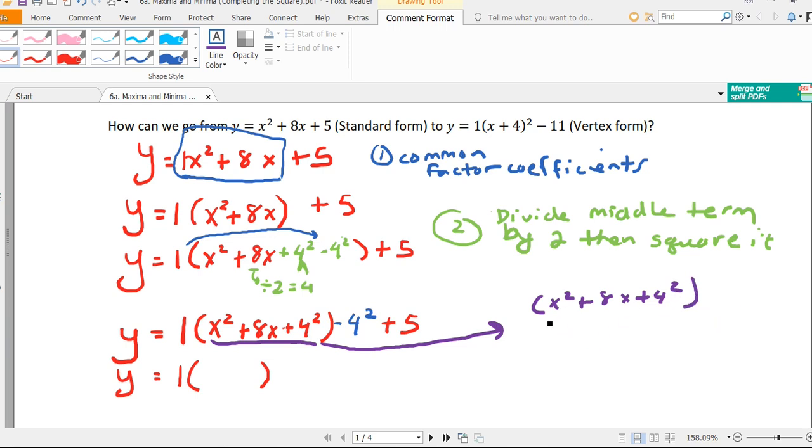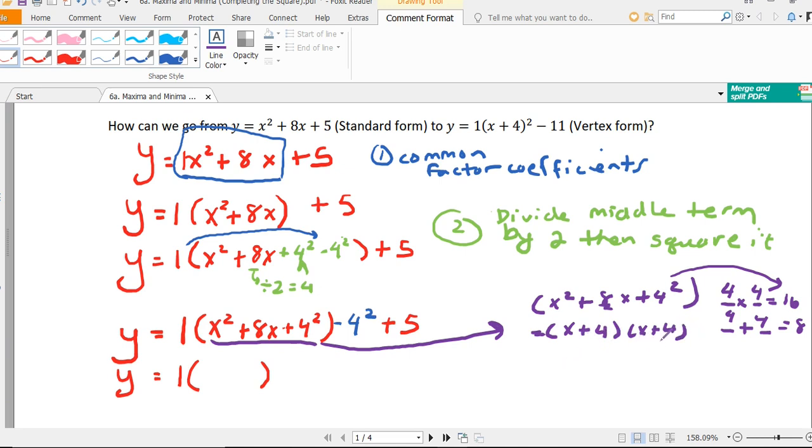Well, I need two numbers that will multiply to give me 16. But at the same time, two numbers that will add to give me 8. What are those two numbers? 4 and 4. The exact same number, right? Which means the factors are x plus 4 and x plus 4, right?